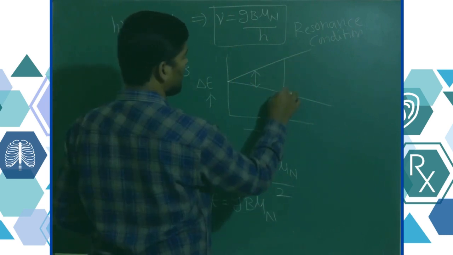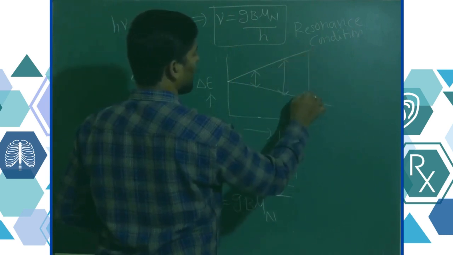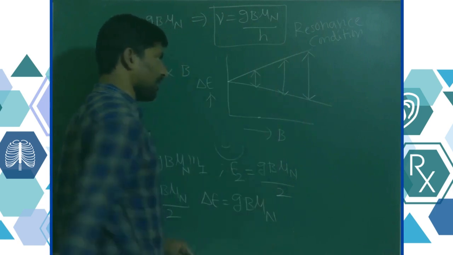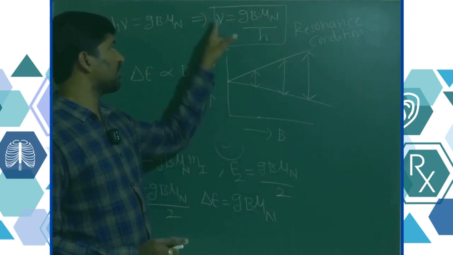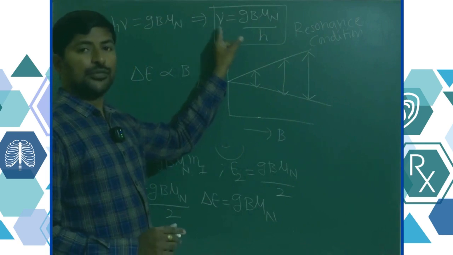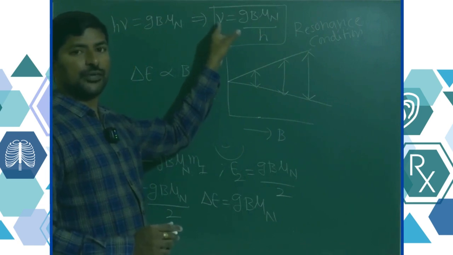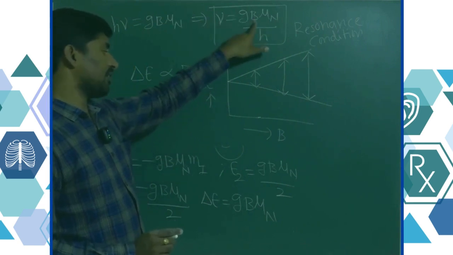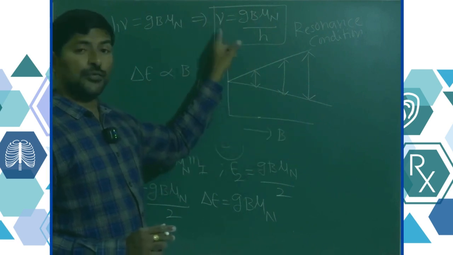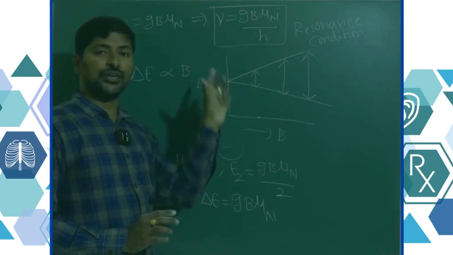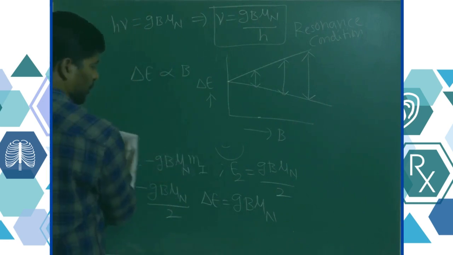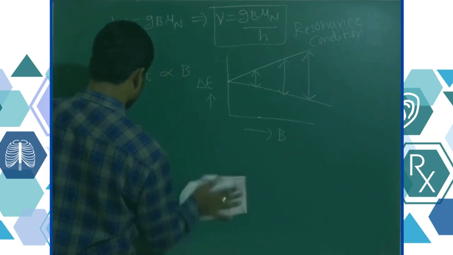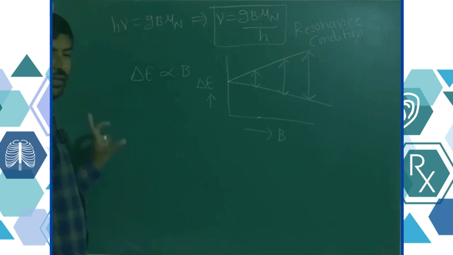As the strength of the magnetic field increases, the energy gap also increases. So the frequency of radio frequency radiation required also increases. So this is the quantum approach, which explains how we get NMR signals.